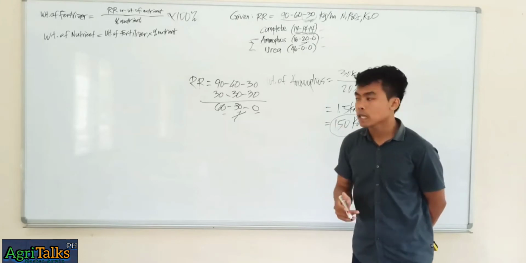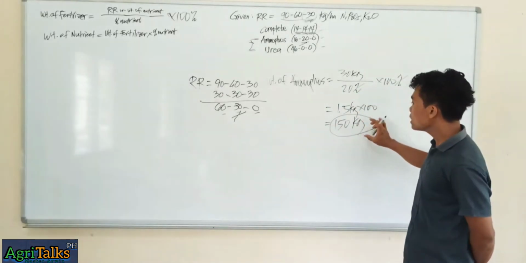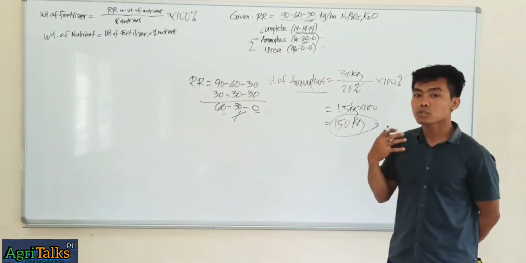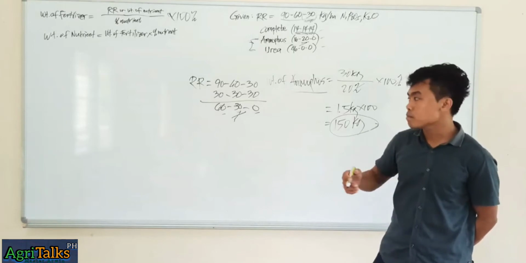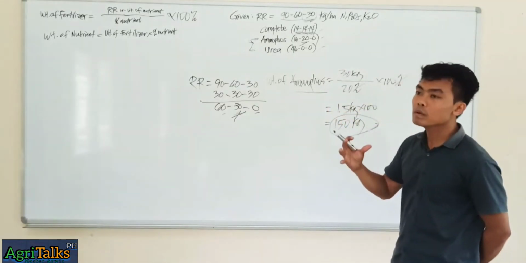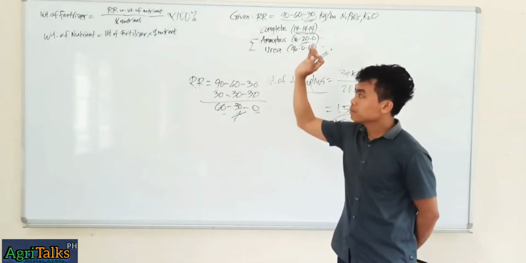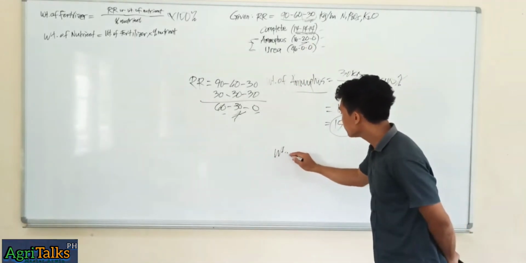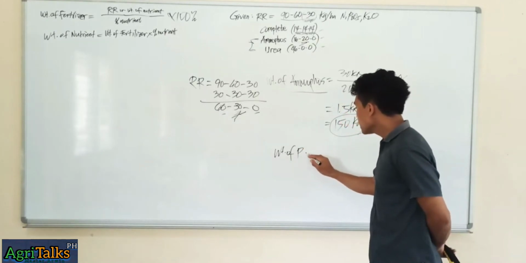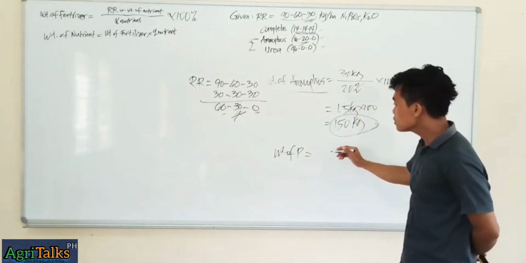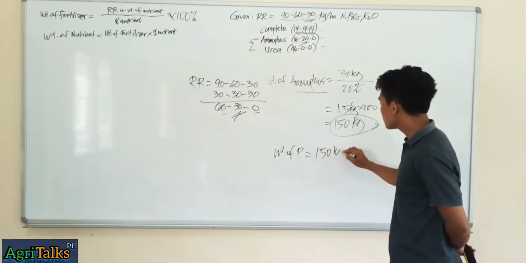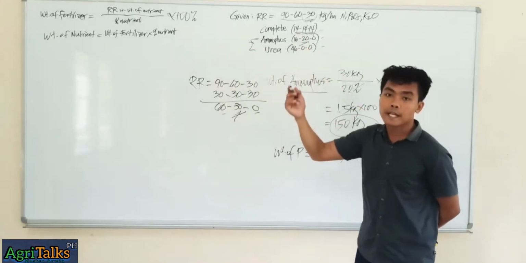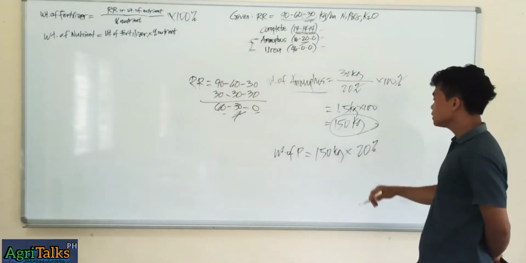by our soil. So how to check if we apply 150 kilograms of ammonium phosphate and we have also applied the 30 kilograms of phosphorus? We will use the next formula, which is the weight of nutrient. Weight of phosphorus is equal to the weight of fertilizer, 150 kilograms, times percent nutrient, which is 20%.